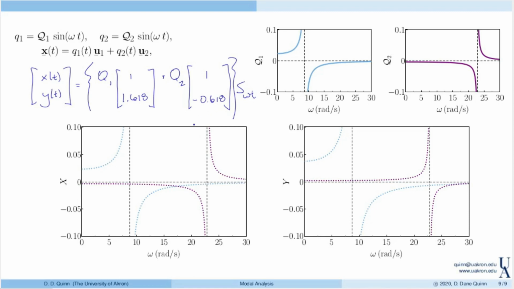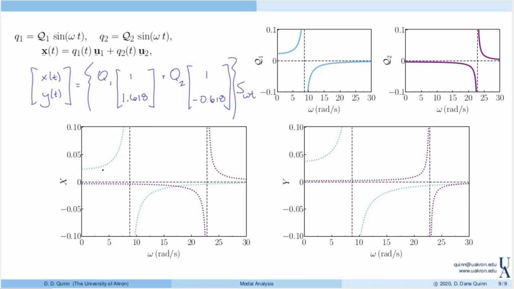So here I have drawn in light blue the amplitude of the first mode times the mode shape. This first panel is the amplitude of x, the displacement of the first block. So blue here is 1 times Q1, and the purple is 1 times Q2.